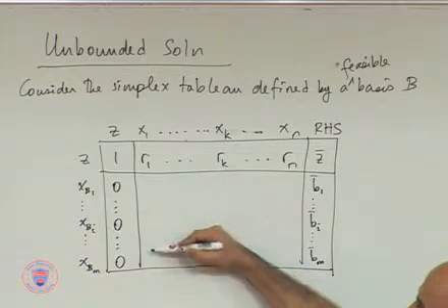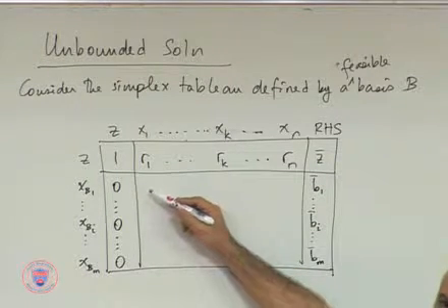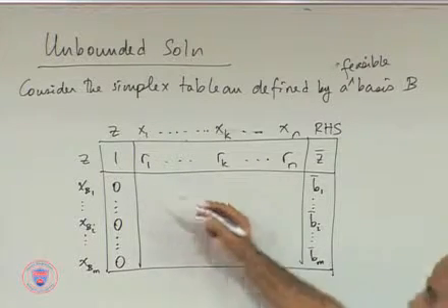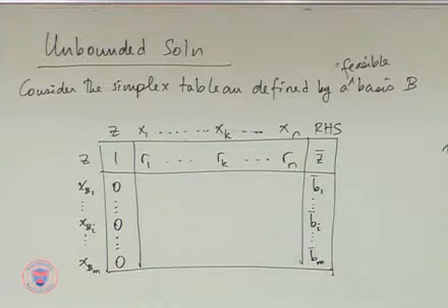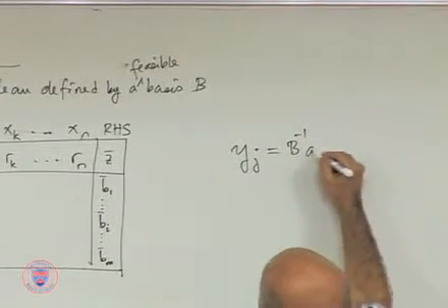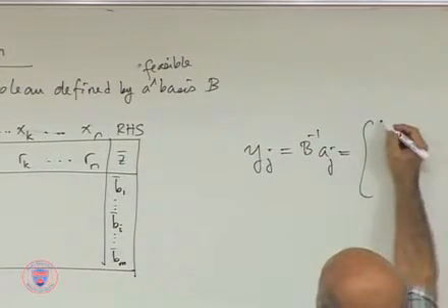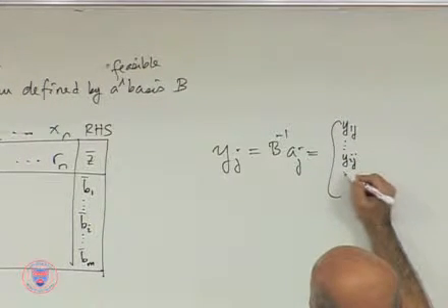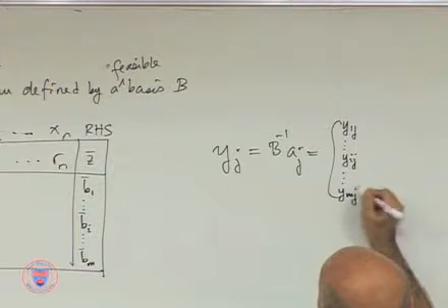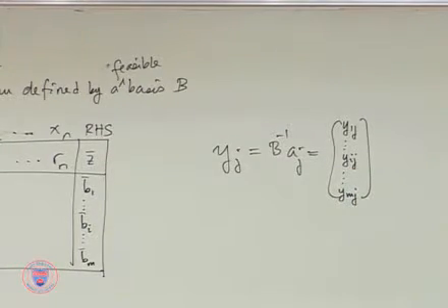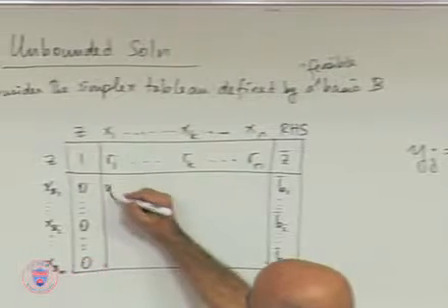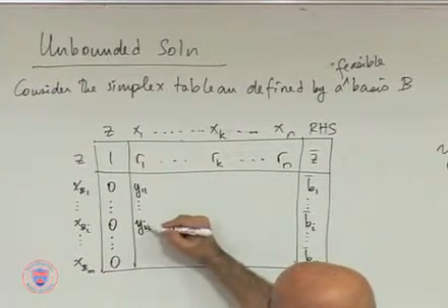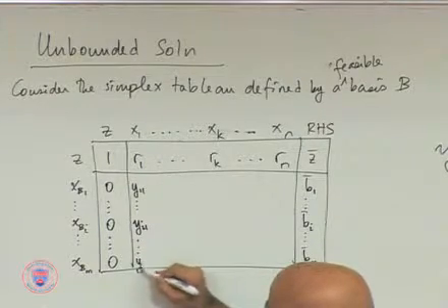What do you have here? Over here, you have B inverse times the original a1 column, which is the y1 vector. So remember, I defined yj to be B inverse aj, and it has all these numbers, y1j, yij, up to ymj. So we're just using this information. This is y11, yi1, ym1.